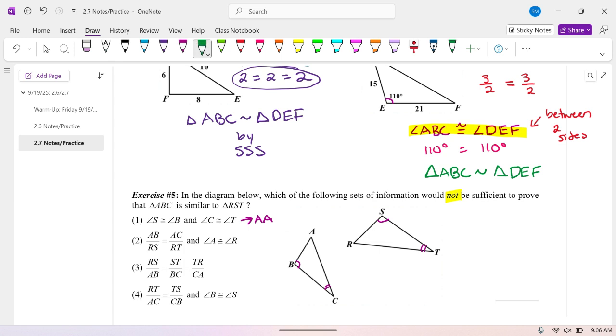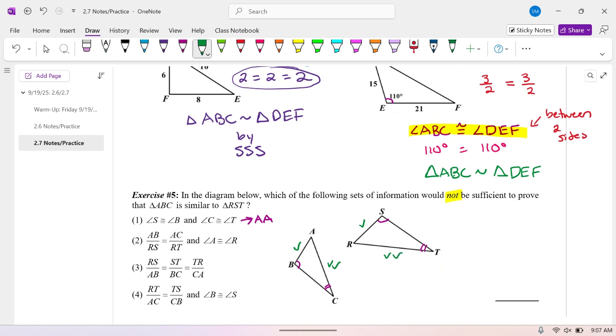Now, it's saying that AB is proportional to RS. For proportional, I can't remember the symbol off the top of my head, so we're just going to use a check mark. All right. So they're saying AB is proportional to RS and AC is proportional to RT.